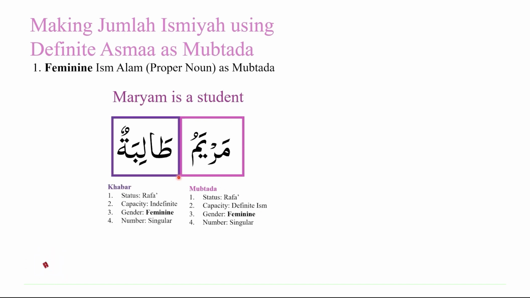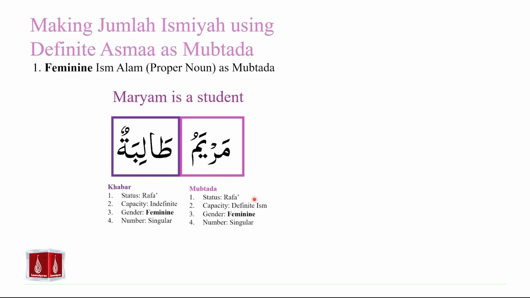Talibatun is Rafa in status because of double pesh at the end of the ism. Over here, we have to write double pesh because Talibatun is not a feminine name. It is indefinite in capacity, it is feminine in gender, and it is singular.